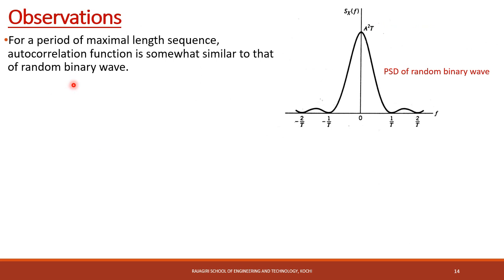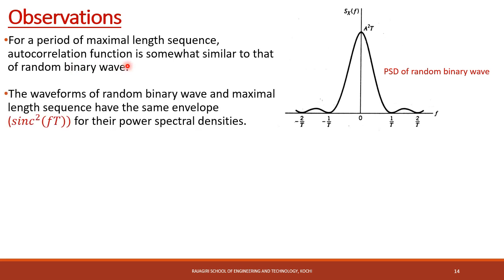So when you compare a maximal length sequence and a random binary wave, they have a similar autocorrelation function. Now when you observe the power spectral density, which is the Fourier transform of the autocorrelation function, both have the same envelope, which is proportional to sinc square of f Tc.